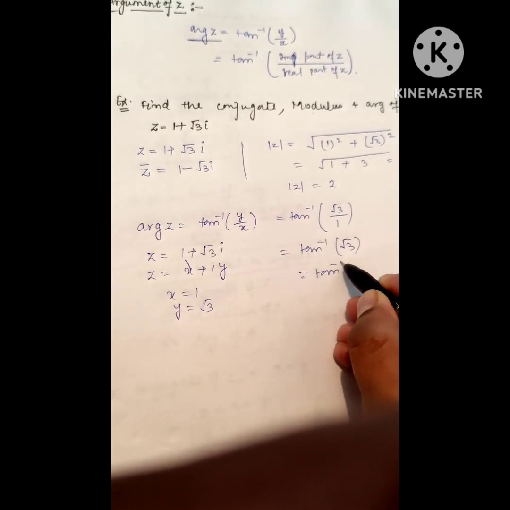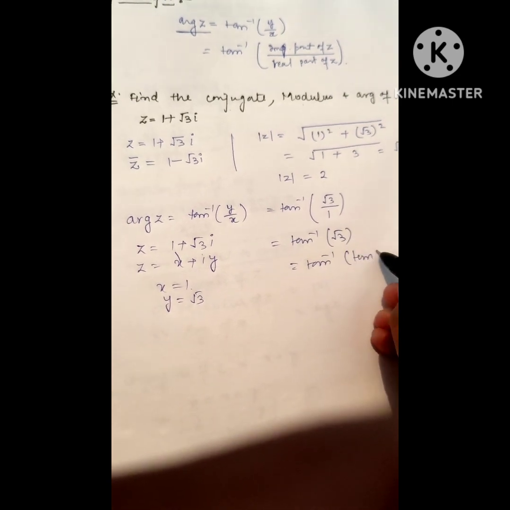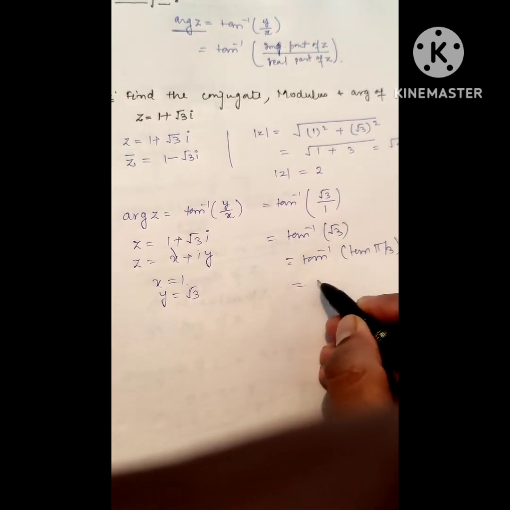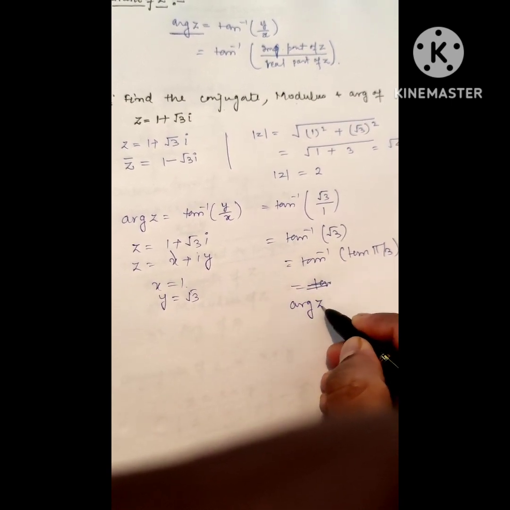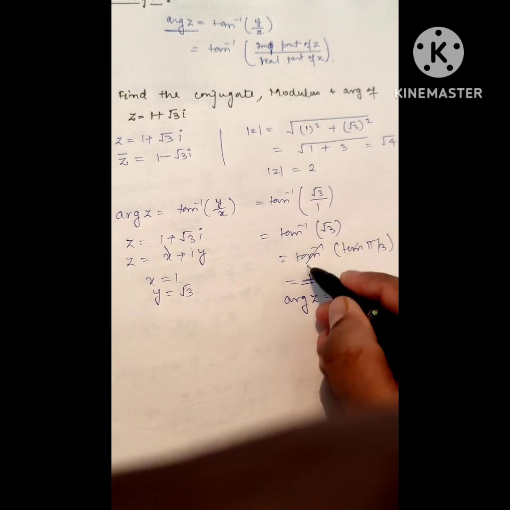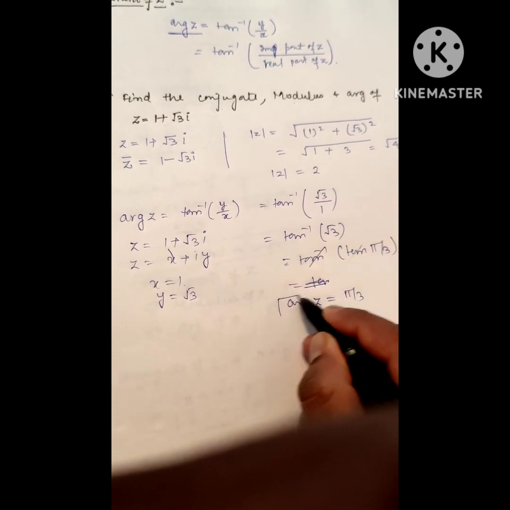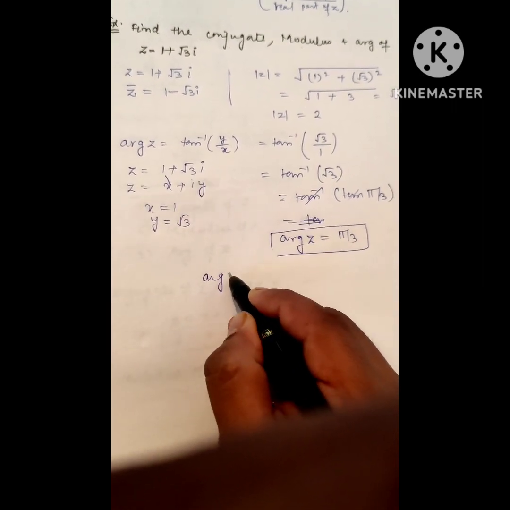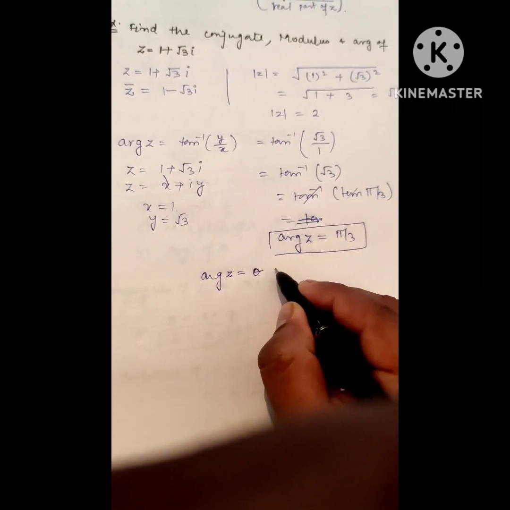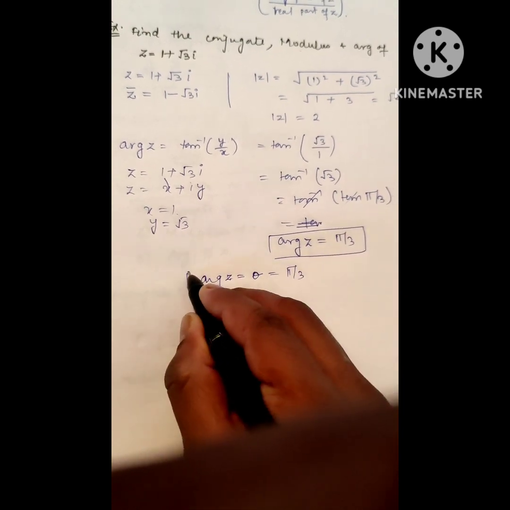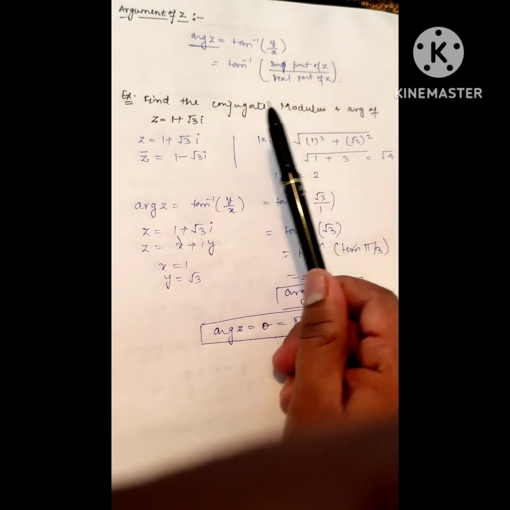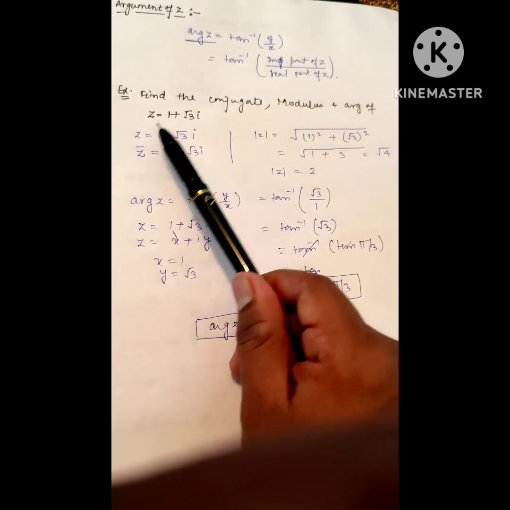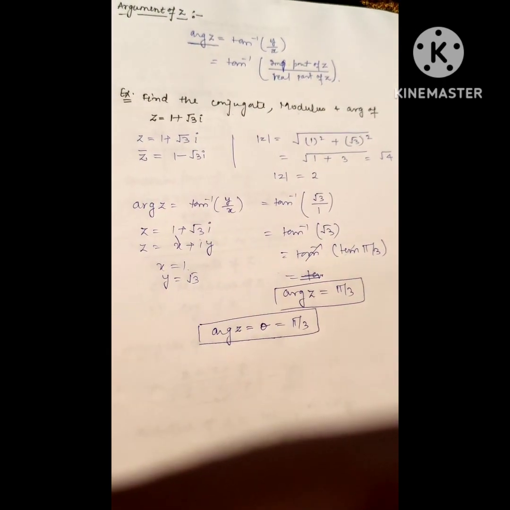Root 3 is tan pi by 3, means 60 degrees. So we get the argument of Z as pi by 3. Simply, the argument of Z is the angle theta, which comes to pi by 3. So in this question we find all these three: conjugate, modulus and argument.